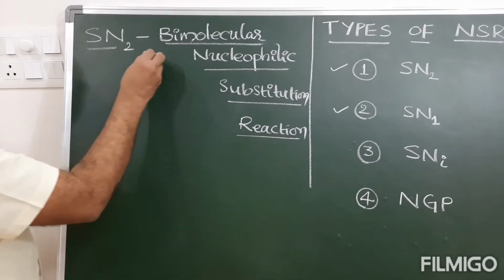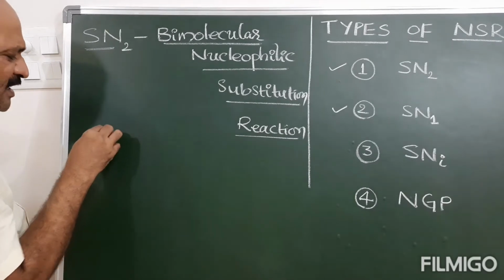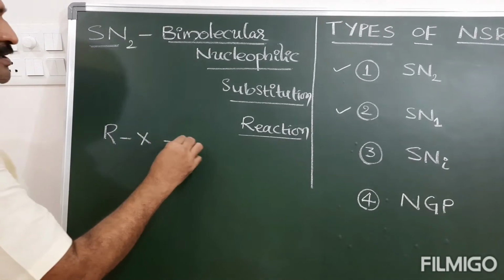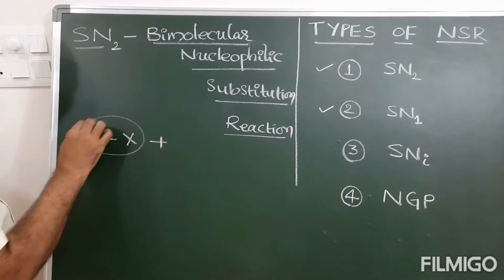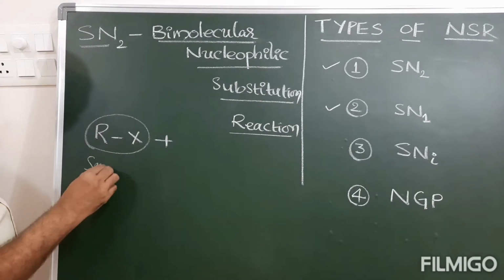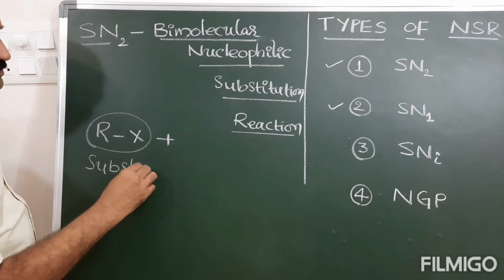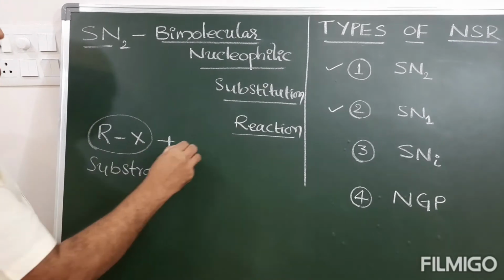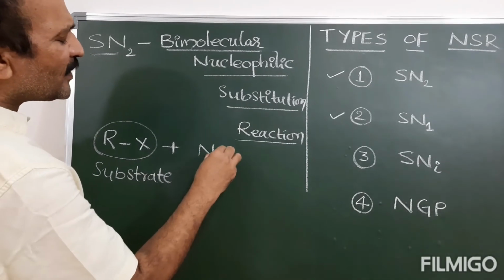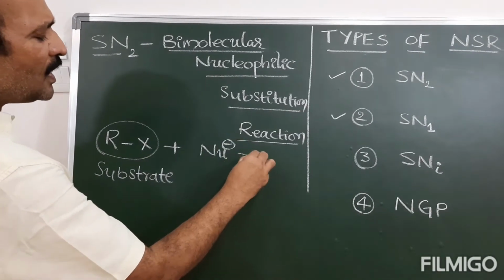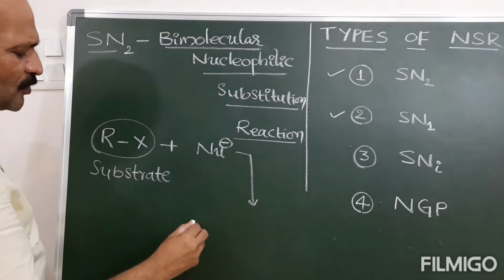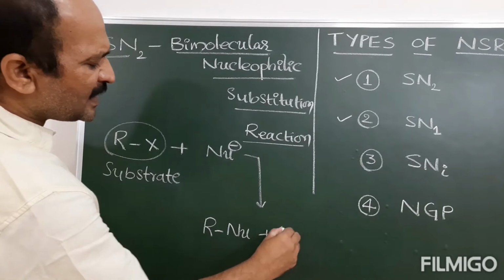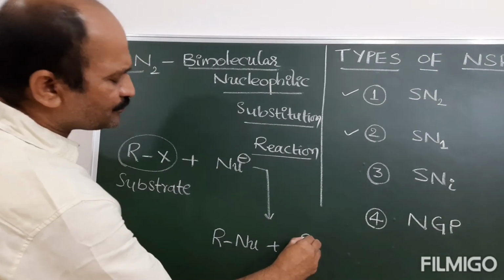Students, generally in the substitution reaction, one alkyl halide or substrate is involved along with the nucleophile, which leads to the formation of products R-Nu plus X minus.